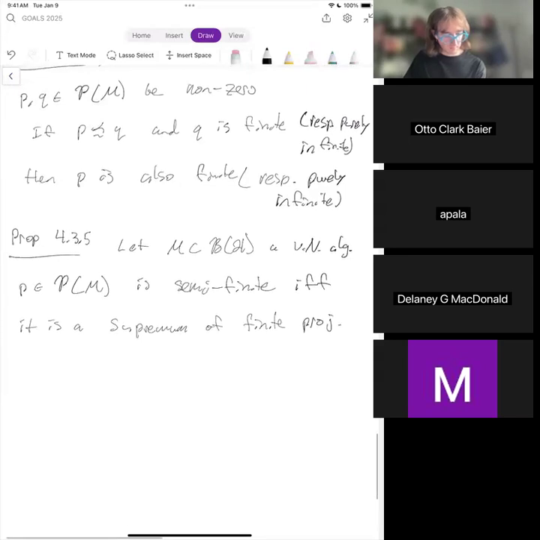We also have the supremum of semi-finite projections is again semi-finite.